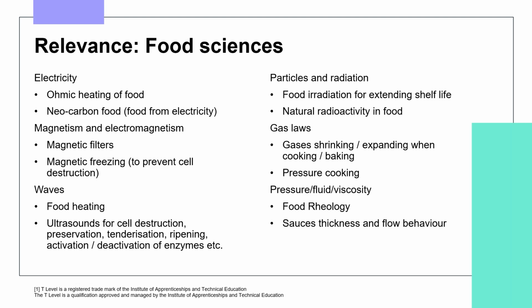Neocarbon food is the production of microbial protein using mainly electricity, water, and carbon dioxide, with production actually expected to begin around 2024. For the magnetism content, the use of magnetic filters to prevent metals falling into foods on a production line. For waves, we could talk about the use of infrared for heating and the use of ultrasounds for different purposes depending on the intensity.